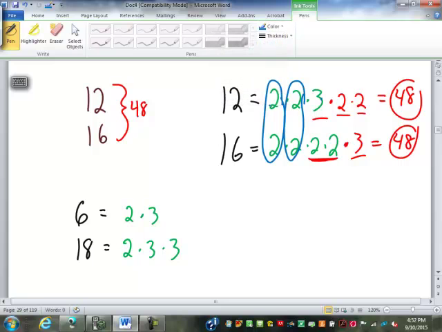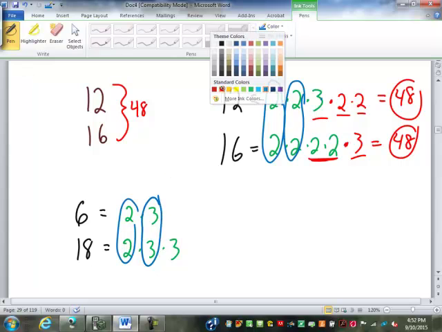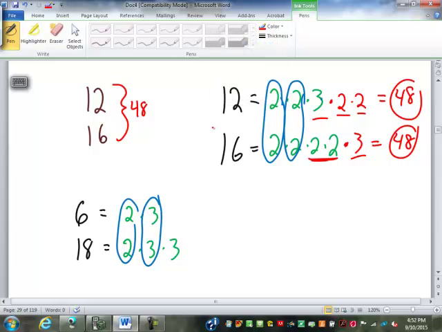If I look at what they have in common, they both have a 2, they both have a 3. Right now, the only extra thing sitting there is the 3. Where do I need to put that? On the 6. 2 times 3 times 3 is 18. 18 is the least common multiple. It is okay for one of the numbers to be the least common multiple.